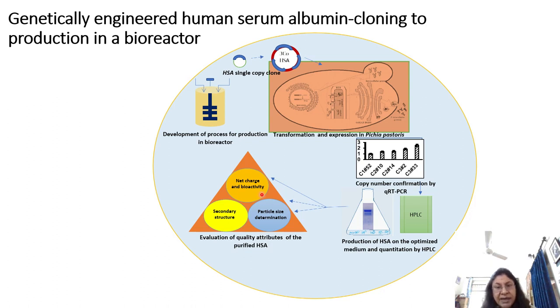That bioactivity can be checked for human serum albumin by incubating it with certain cell lines like Vero cell lines or some other mammalian cell lines, and they should promote cell proliferation. That is, after a certain amount of time, you should be able to count a much larger number of cells if this human serum albumin which you have made through recombinant DNA techniques is biologically active. So we can carry out and measure the bioactivity.